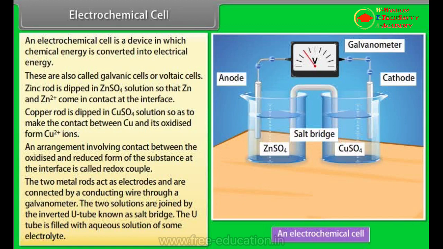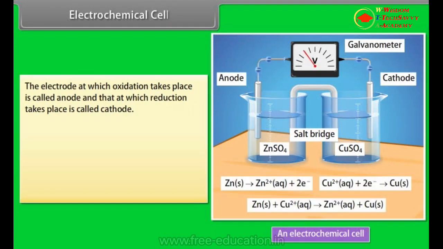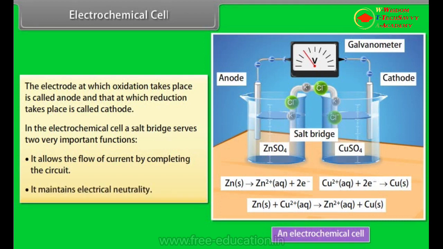The U-tube is filled with aqueous solution of some electrolyte. The electrode at which oxidation takes place is called anode, and that at which reduction takes place is called cathode. In the electrochemical cell, a salt bridge serves two very important functions. It allows the flow of current by completing the circuit. It maintains electrical neutrality.